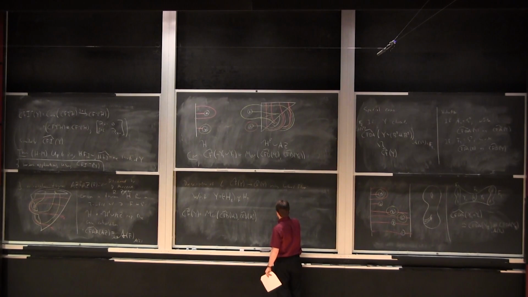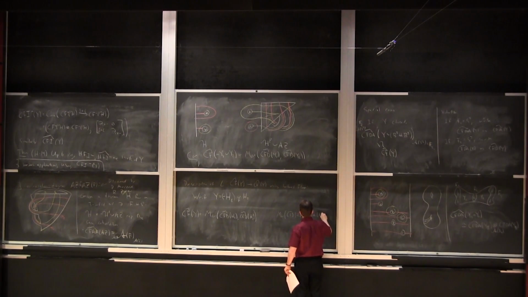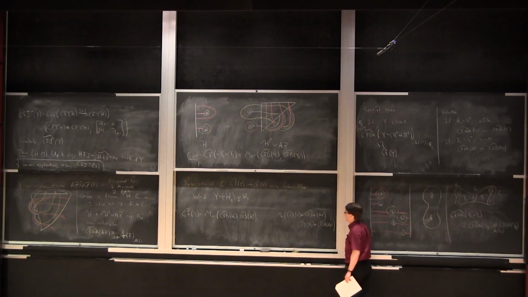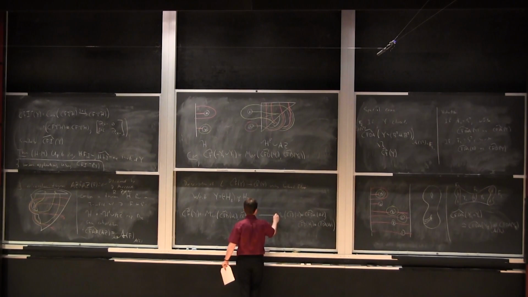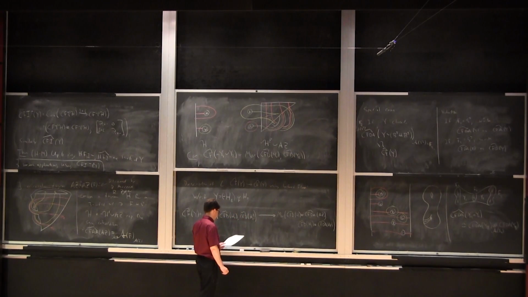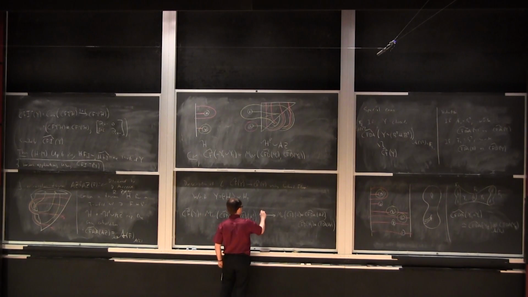I can also consider the complex of morphisms from CF d hat of h1 tensor CF dA of AZ to CF d hat of h2 tensor CF dA of AZ. And there are two maps here. Let's call them phi and psi, abusing notation.